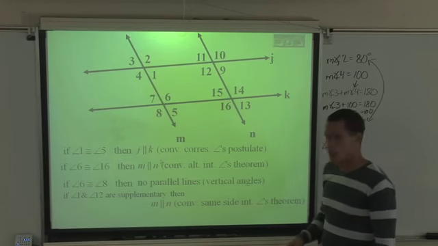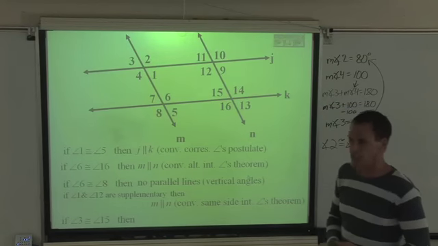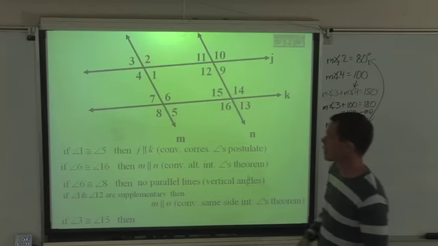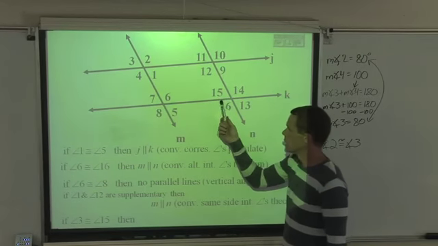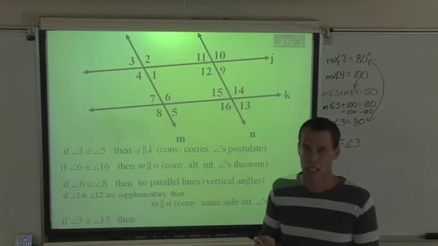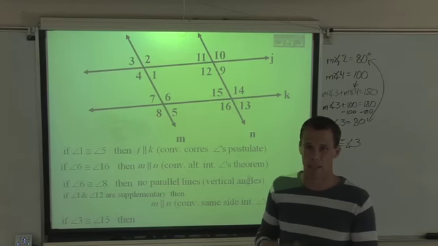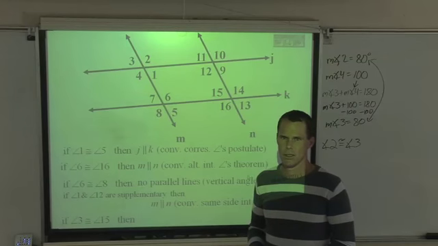All right, let's try one more. What about if angle 3 is congruent to angle 15? Here's 3, here's 15. It kind of looks like they're corresponding angles. This is a common mistake that students make. We think of them as corresponding angles. They're both in the upper left corner. Where's their transversal?